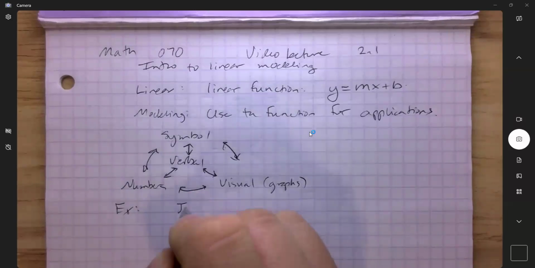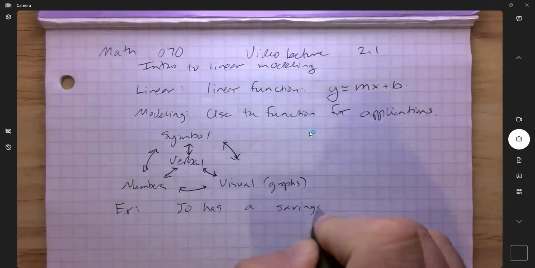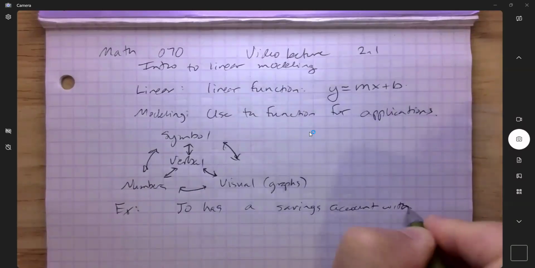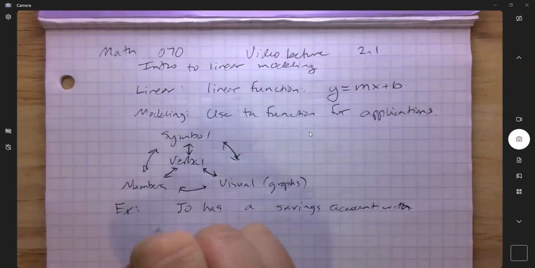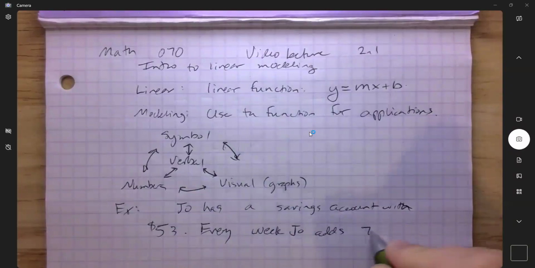the symbol representation. So I'll just jump right in with an example. Let's see, Joe has a savings account with, let's say, $53. Every week, Joe adds $72 to the account.